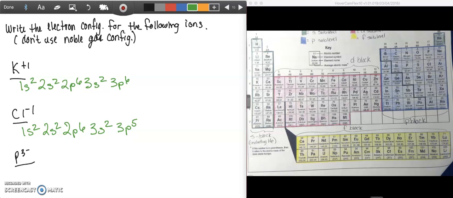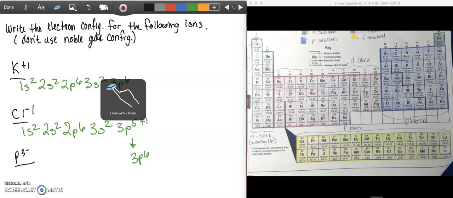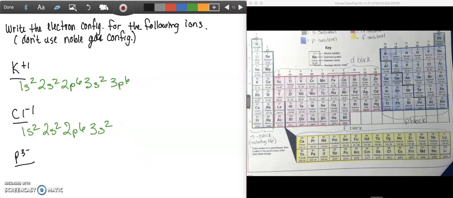So in order to get a -1 charge, that's the same thing as adding one extra electron. So we're going to add one extra electron, which means this now becomes 3p6. All right, so let's erase that and replace the 3p5 with a 3p6. And that is the electron configuration for an ion of chlorine.